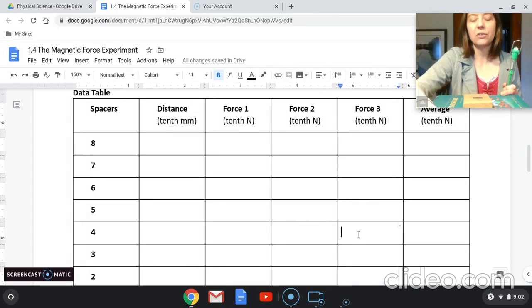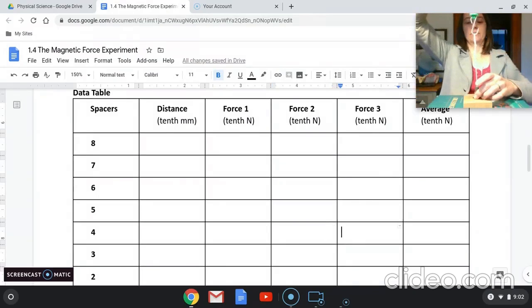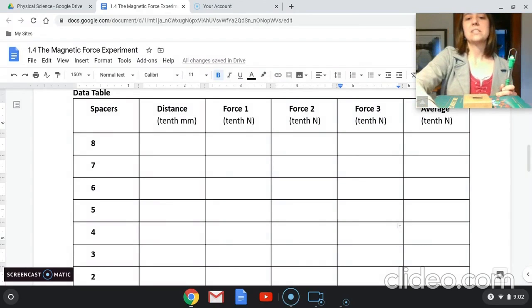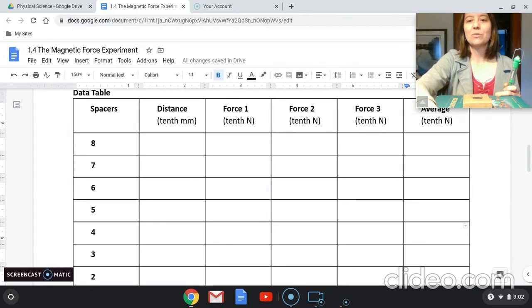And then trial 3, we have 1, 1.5, 1.6, 1.7, 1.7 newtons. Please write that down there. And then we have 1.6 plus 1.6 plus 1.7 newtons, and you want to add those up and divide by 3.